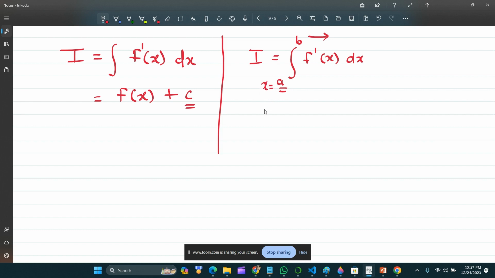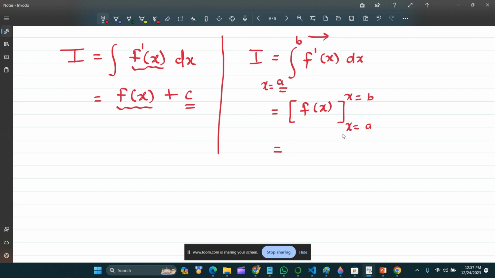In this process, the answer will be the same: the answer of f dash x will be f of x. The only difference is that we write this f of x in square brackets from the limit x equal to a to x equal to b. Whatever answer we have, we put upper limit minus lower limit.